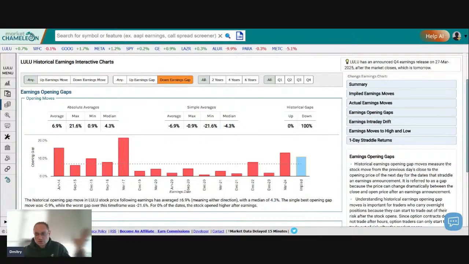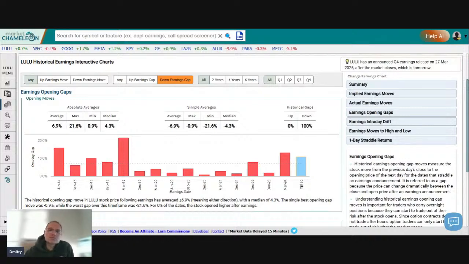Okay, so if we're looking at the skew, how the call spreads line up, put spreads line up, how the iron condor lines up, well, we have a sense of the skew in the distribution of those returns.